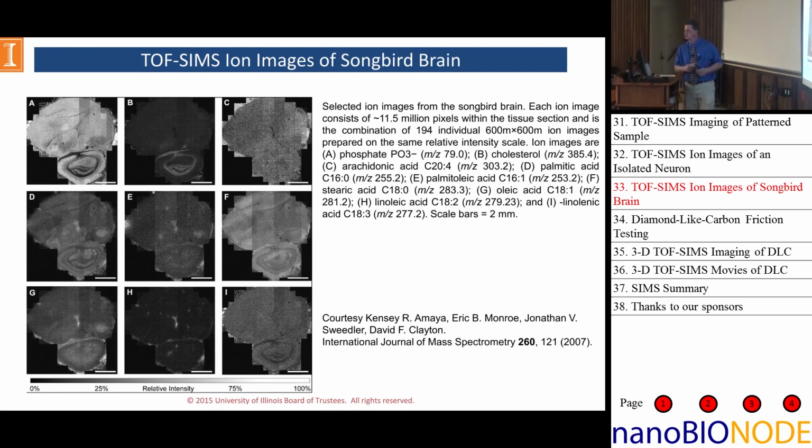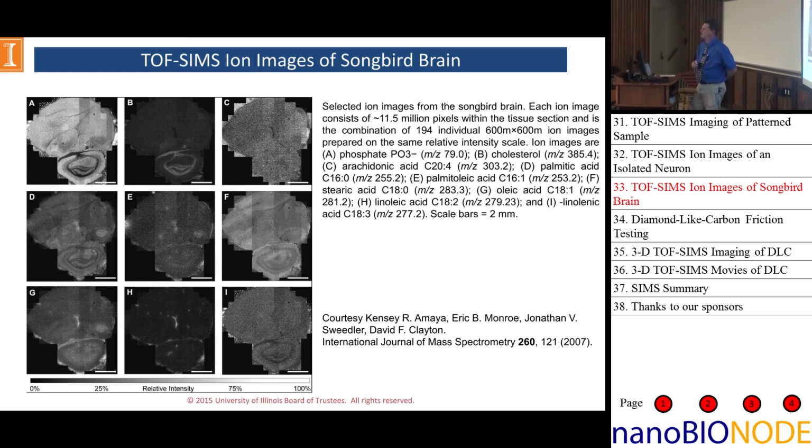Another researcher here, Kenzie Maya, was looking at images from a songbird brain. You can see the little squares; many, many images that he stitched together to form the whole image of the brain, I guess 194 individual images.